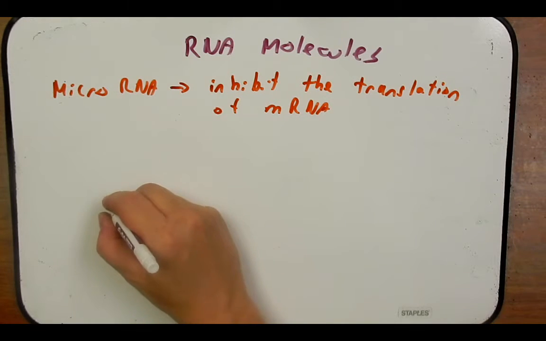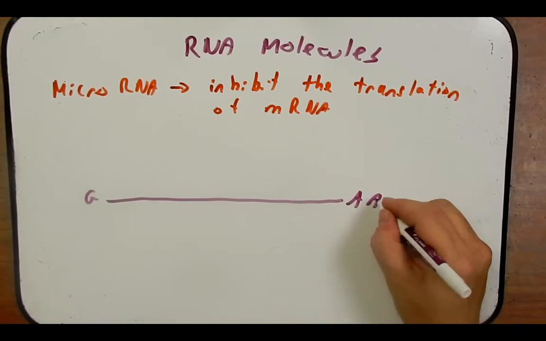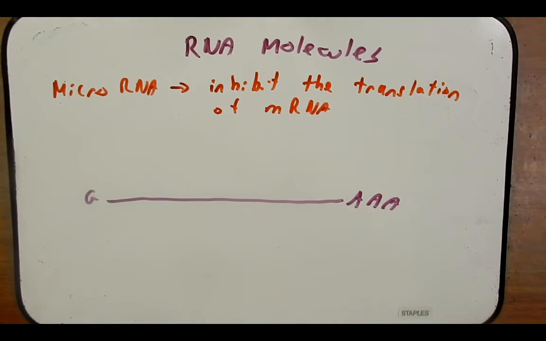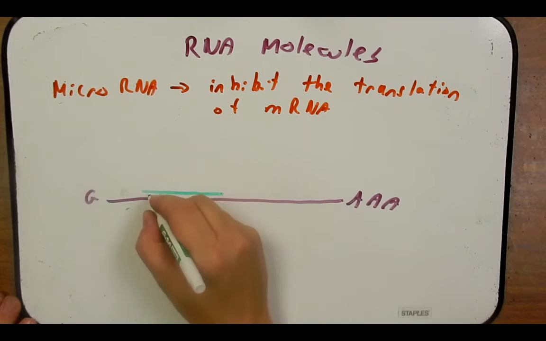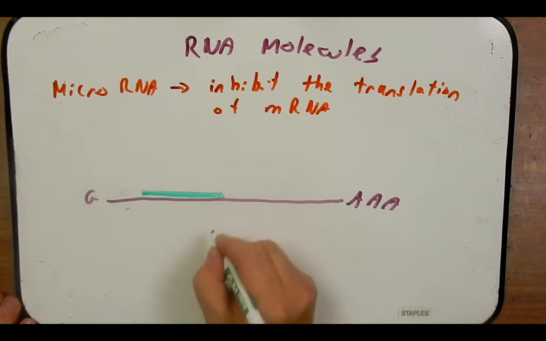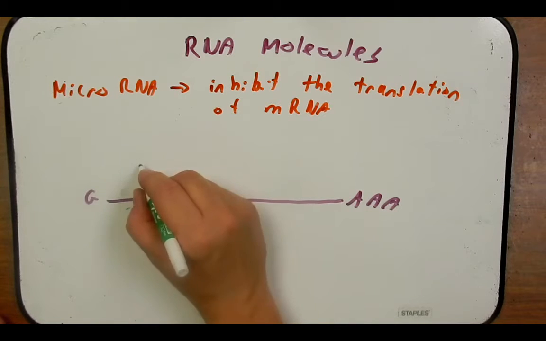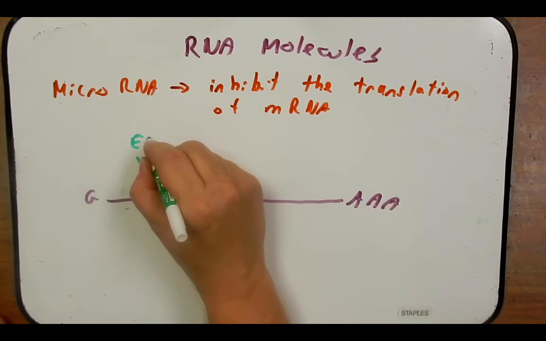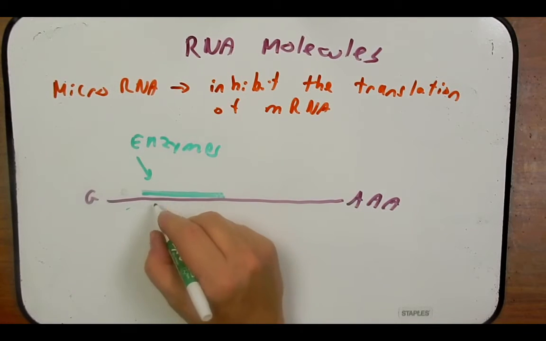If you have a messenger RNA here with its G cap and its poly A tail on it, so it's a mature messenger RNA, these microRNAs will come along here, and they form this duplex structure. They will bind to specific messenger RNA molecules. They will recruit enzymes. We'll talk more about that later.